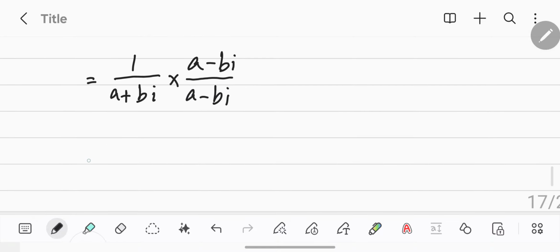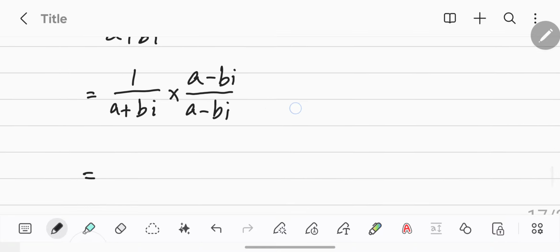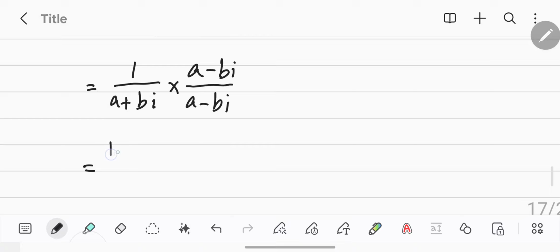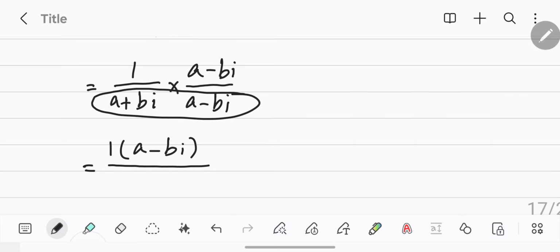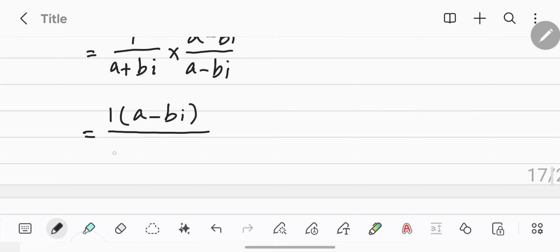Okay? Now, multiply the numerator with the numerator. You will have 1 times a minus b iota, divided by, multiplying the denominator with the denominator, a plus b iota times a minus b iota.